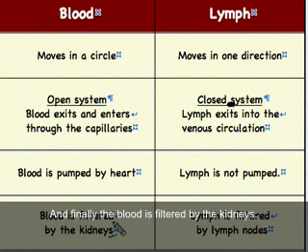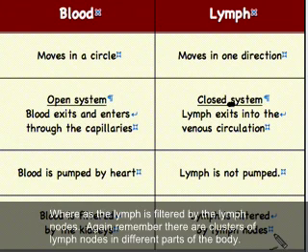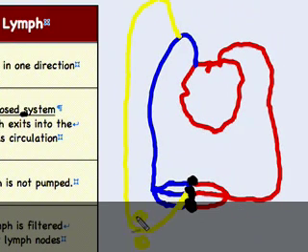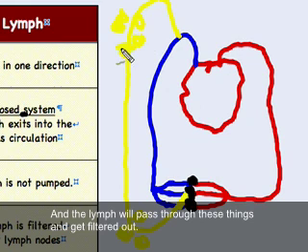And finally, the blood is filtered by the kidneys, whereas the lymph is filtered by the lymph nodes. Again, remember, there are clusters of lymph nodes in different parts of the body, and the lymph will pass through these and get filtered out.